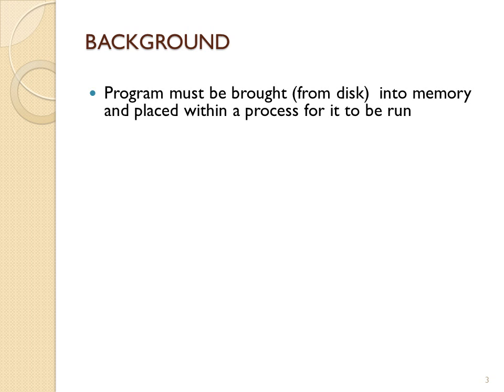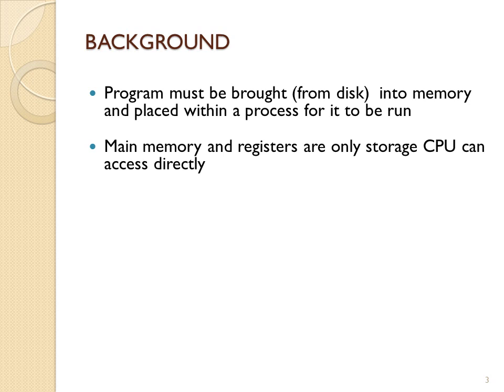So let's get started. A program must be brought into memory. In order for anything to run and the CPU to access any instructions, everything must be brought into memory.